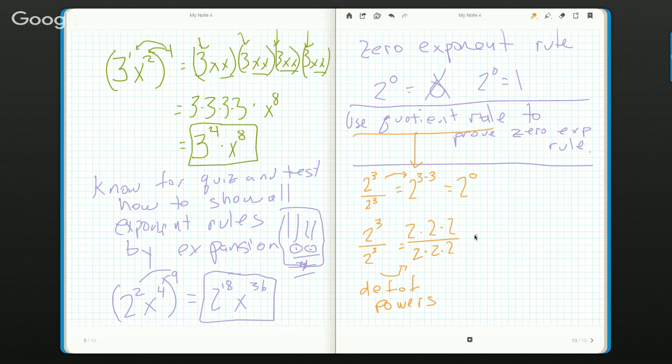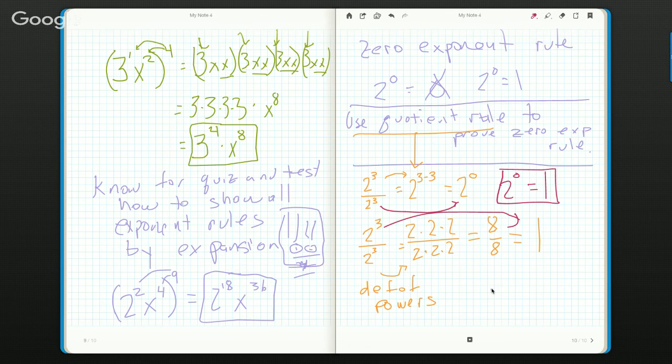Well, 2 times 2 times 2 is 8, over 8, and that equals 1. If this all equals 2 to the 0, and at the same time it equals 1, then 2 to the 0 must equal 1. And that's our 0 exponent rule.